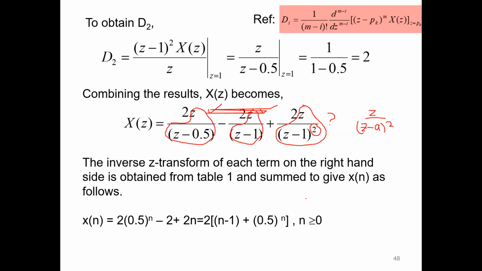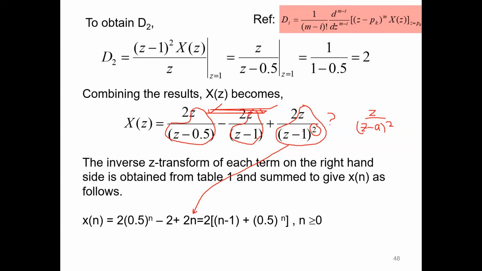The third term, z over z minus 1 whole thing square, straight away it is n. Okay, you figured it out.